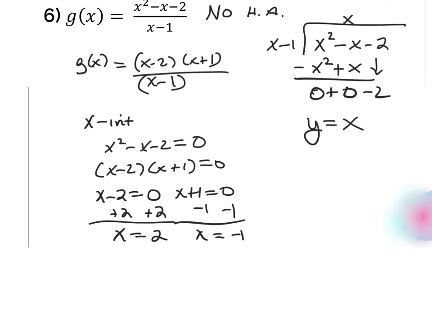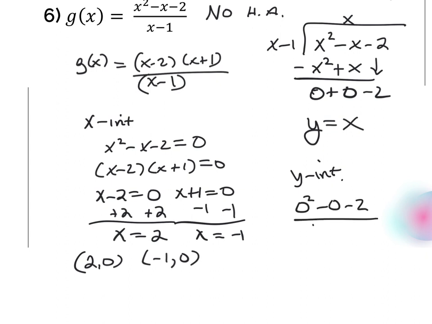So I've got an x-intercept located at 2, 0 and negative 1, 0. Let's do the y-intercept. We're plugging in 0 for x. So 0 squared minus 0 minus 2 over 0 minus 1. This gives me negative 2 over negative 1, which gives me positive 2. So my y-intercept is the ordered pair 0, 2.